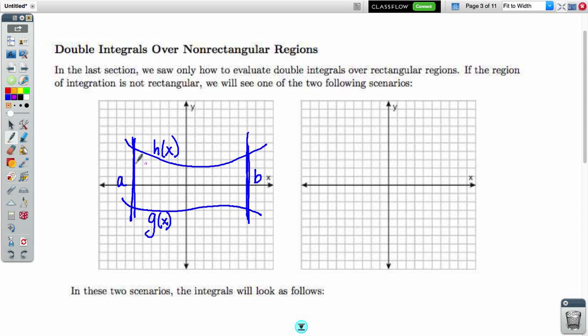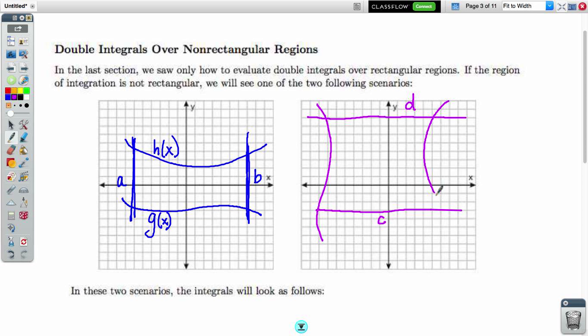Now the other scenario is basically just the opposite of this. So instead of having our nice numerical limits on the x-axis, we could have them on the y-axis instead. So maybe on the y-axis, we're integrating from some constant value, I'm going to call it c, to some other constant value, I'm going to call it d. And then on the x-axis, that's the one where we have some curvy, not function because it doesn't pass the vertical line test, but some curvy relation here.